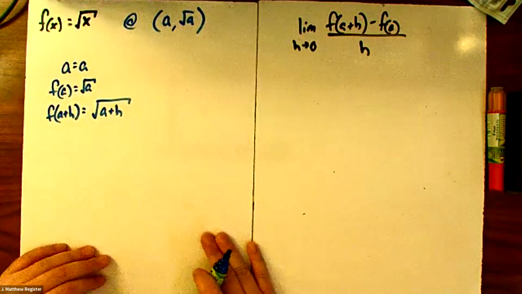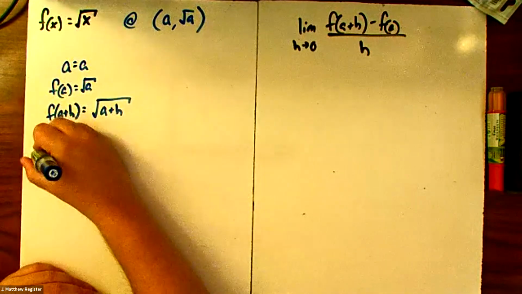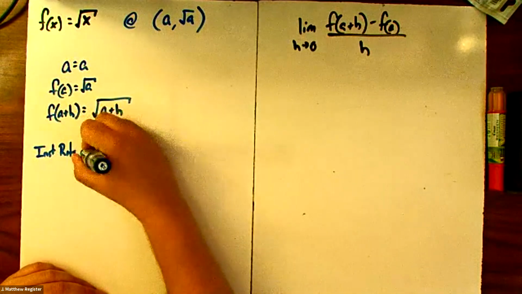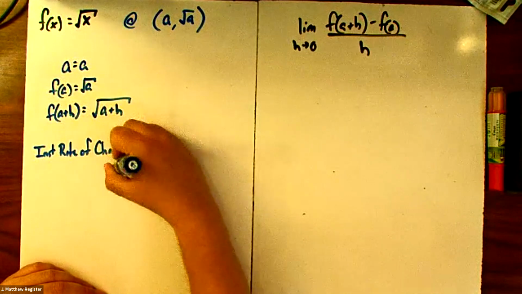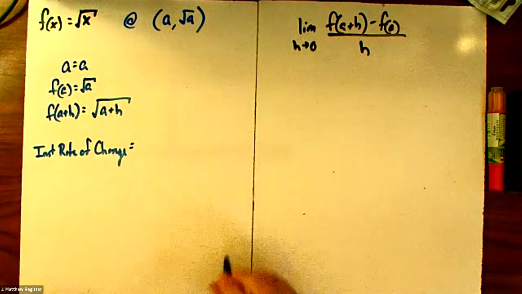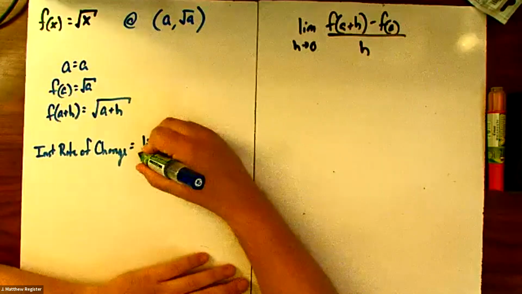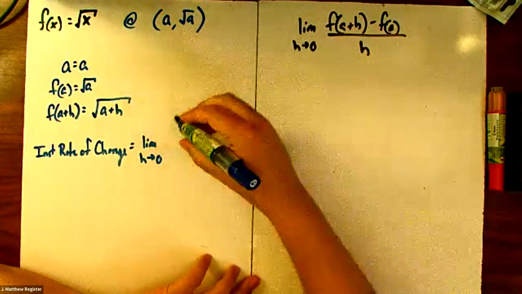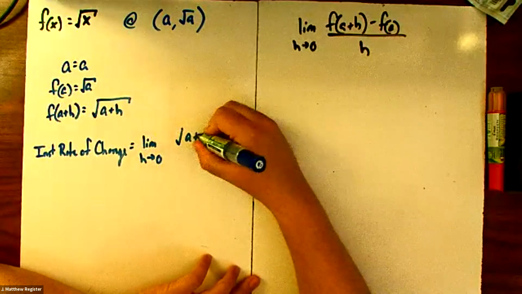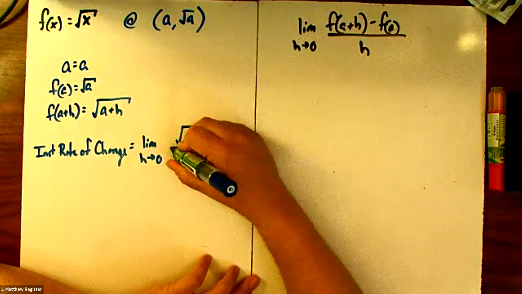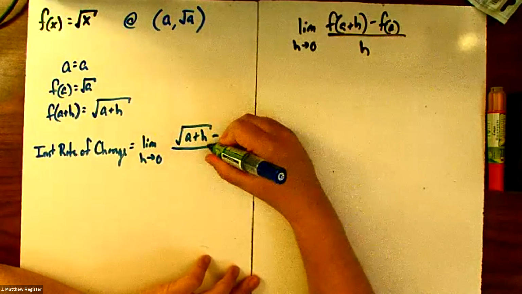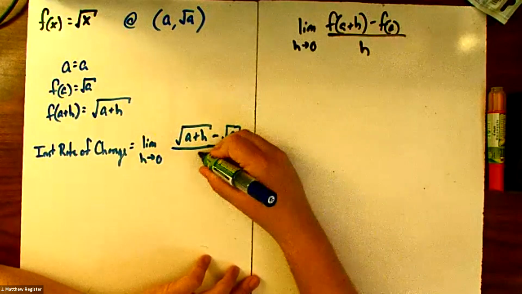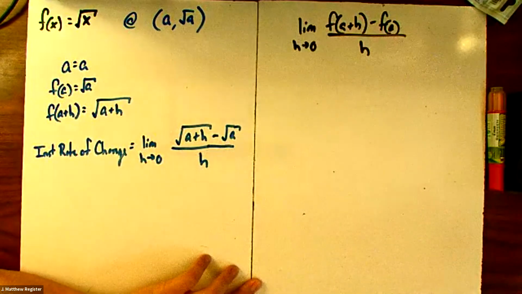We can find our instantaneous rate of change now. It is the limit as h goes to 0 of f of a plus h, which is the square root of a plus h, minus f of a, which is square root of a, all over h.